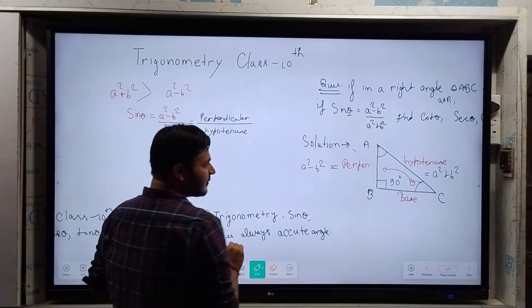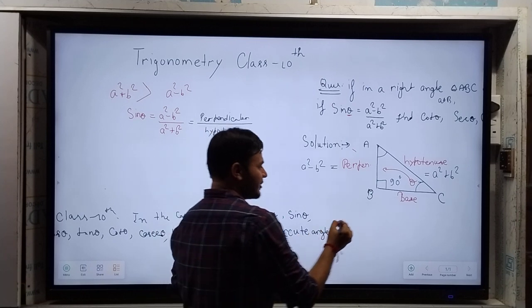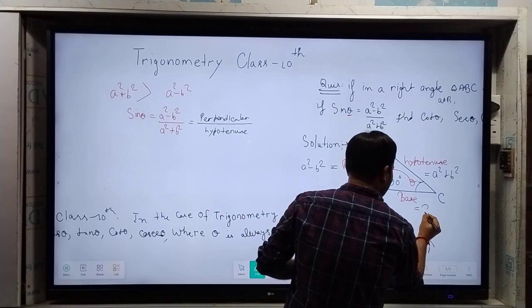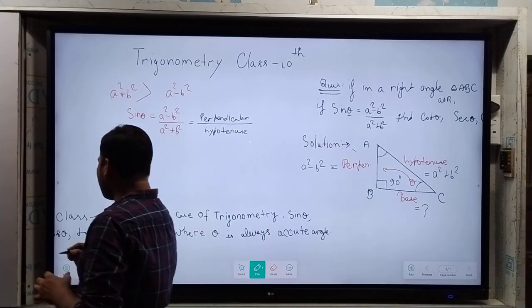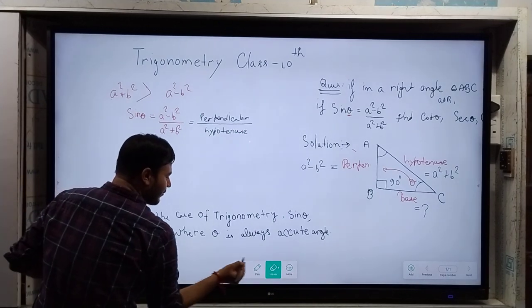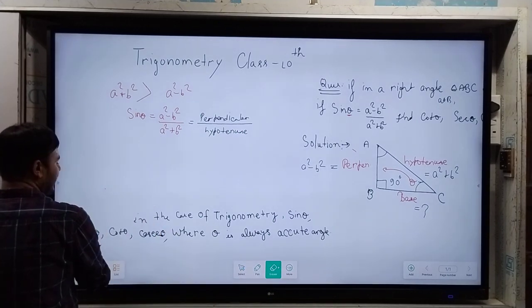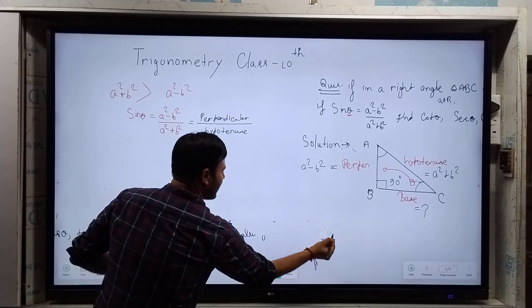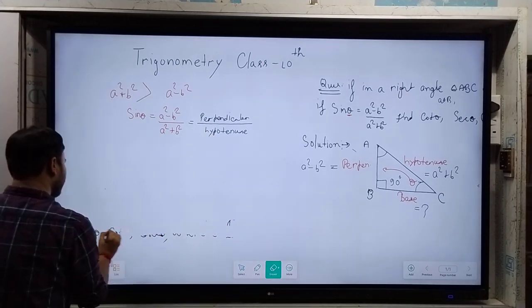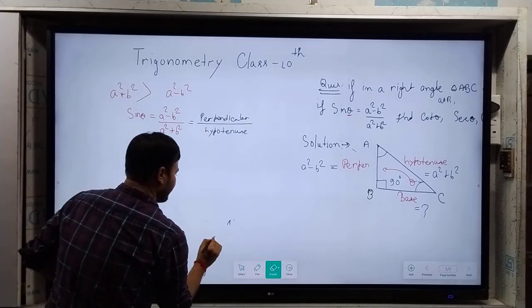What will be the base? Now we use the Pythagoras theorem. By using the Pythagoras theorem, we can calculate the base. This is the easiest topic.